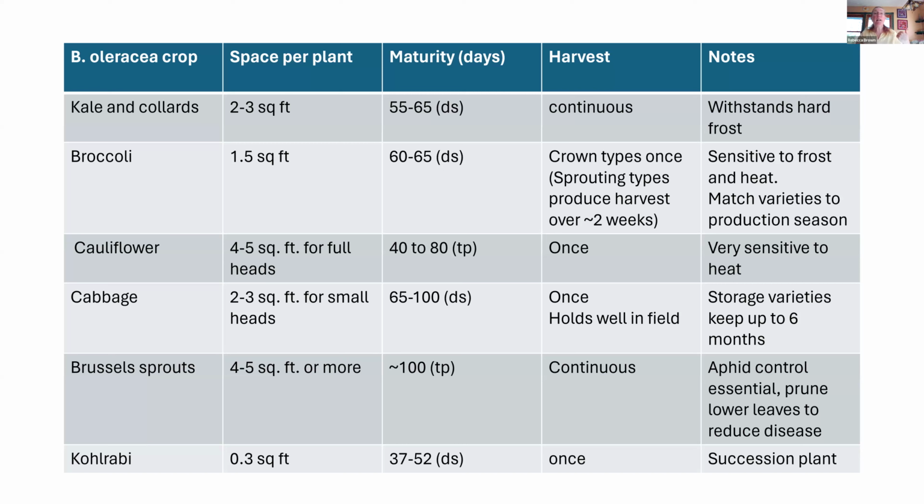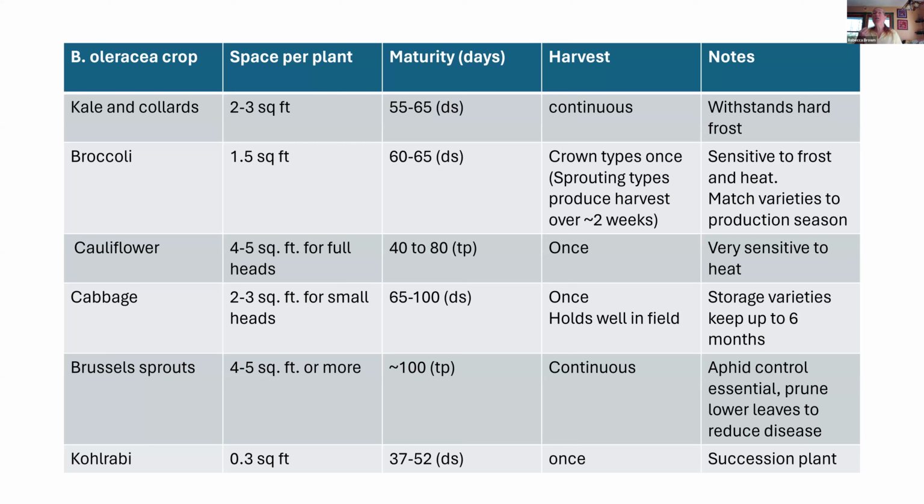Some of these, like cauliflower and cabbage, each plant can only be harvested once. Others, like kale and collards, if you harvest individual leaves, you can actually harvest off a single planting for an extended period of time.